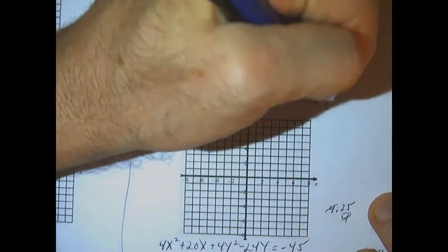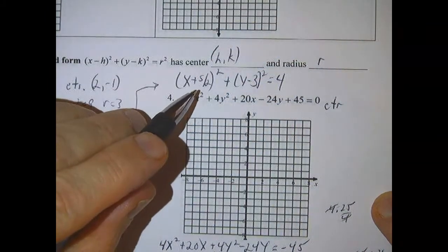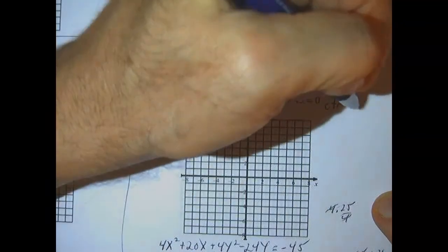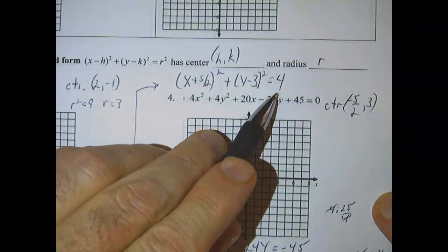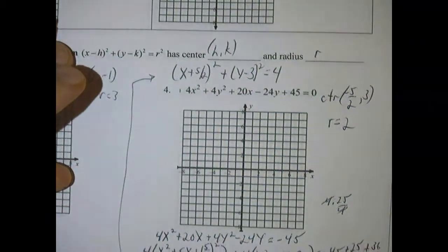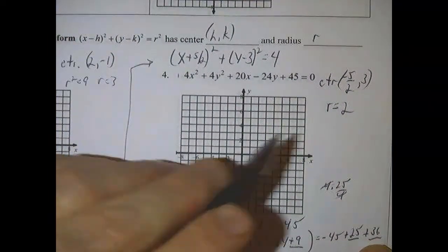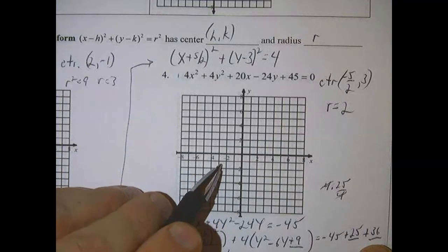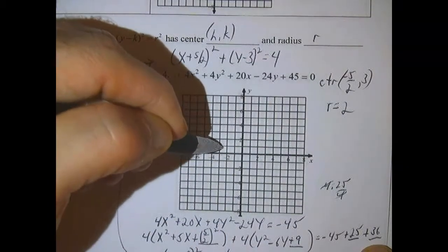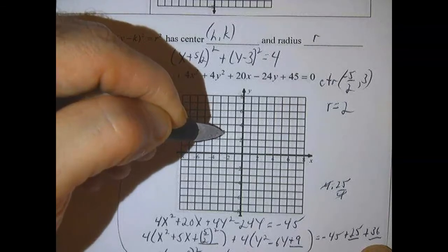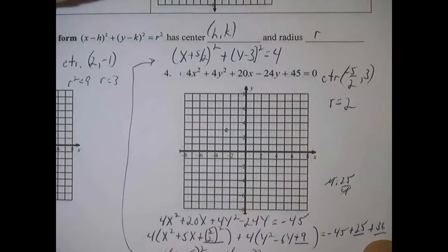We know that the center is negative 5 over 2, comma 3. We know that the radius squared is 4, so r equals 2, and we're ready to graph. Negative 5 over 2 is negative 2.5, so right about there, and then up 3. So from there, up 1, 2, 3, there's our center. And we go 2 in each direction.